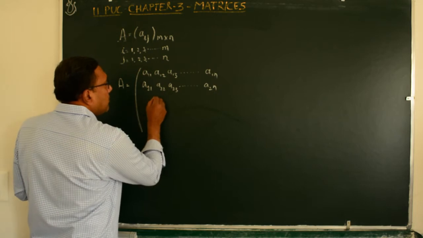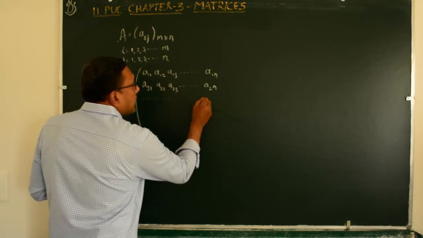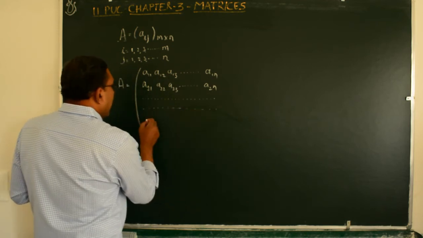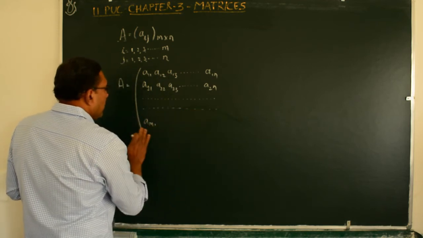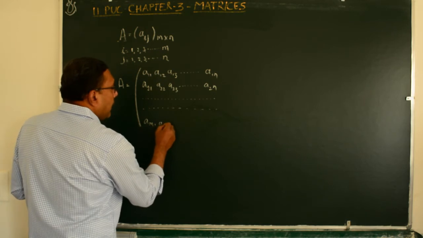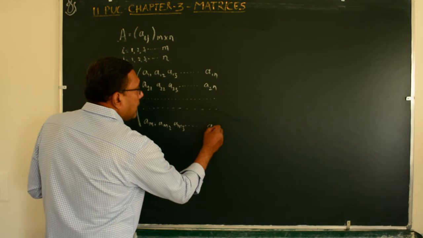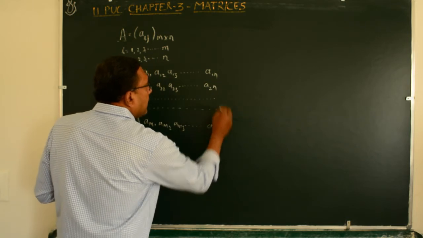And similarly, if you just expand like this, you will finally get your mth row: Am1, Am2, Am3, etc. up to Amn.